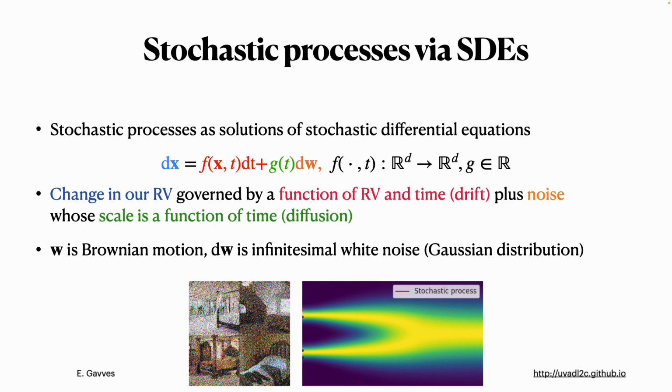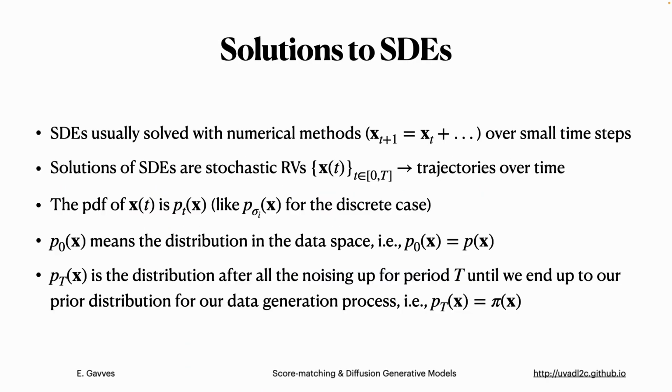So this is a stochastic differential equation. dW is Brownian motion. What does Brownian motion mean? That between two time steps, you've got Gaussian noise. So if you focus on one step, that's just a Gaussian noise variable. And usually SDEs are solved, as I said, with numerical methods over very small time steps.